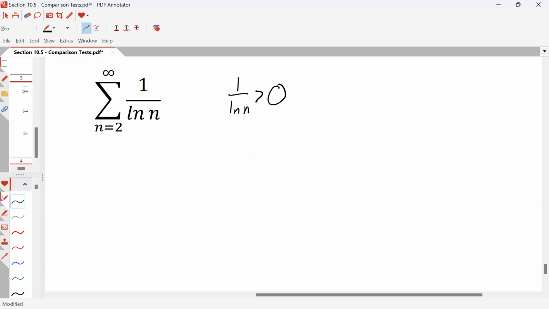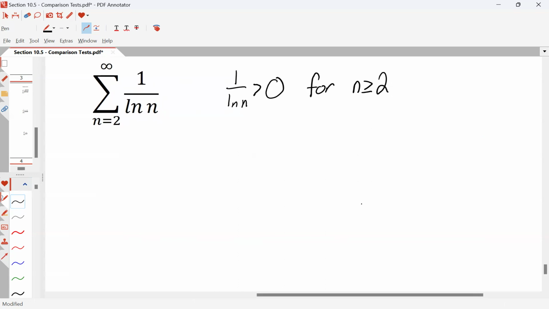Since we're starting at 2, we have thrown out all the negatives. And since we're starting at 2, we also don't have a problem of dividing by 0. If n was 1, we would be dividing by 0. We'd have a problem. So we've thrown out all the negatives and our undefined location. Since we're looking at n greater than or equal to 2, yes, this is positive.